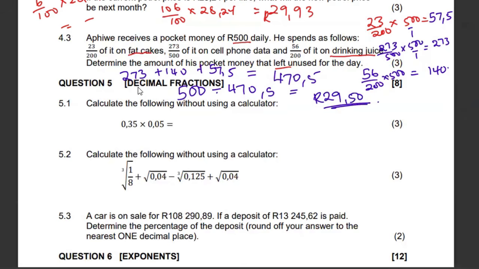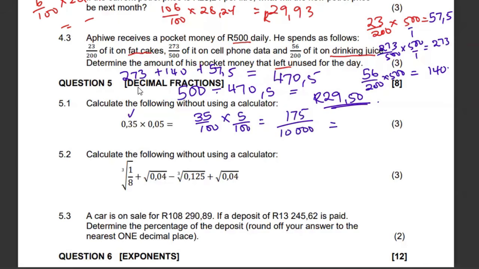All right, 5.1, which is the decimal fractions, they want us to multiply. One thing we know is that whenever we have decimals, the easier way is to change this to a common fraction. So that's 35 over 100 times 5 over 100. Then let's multiply the top part. 35 times 5 gives us 175. 100 times 100 gives us 10,000.